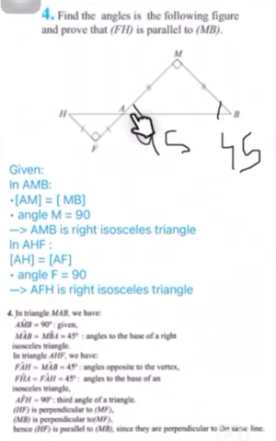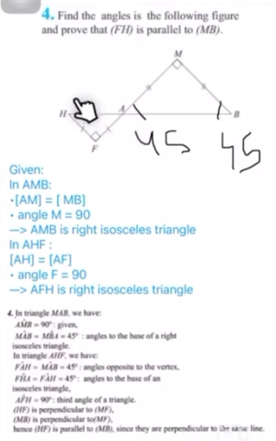Now in triangle AFH, angle F is equal to 90 degrees and angle A must be equal to angle H. Why? Angles at the base of an isosceles triangle. This triangle is isosceles, so the angles at the base, this is the base, must be equal.